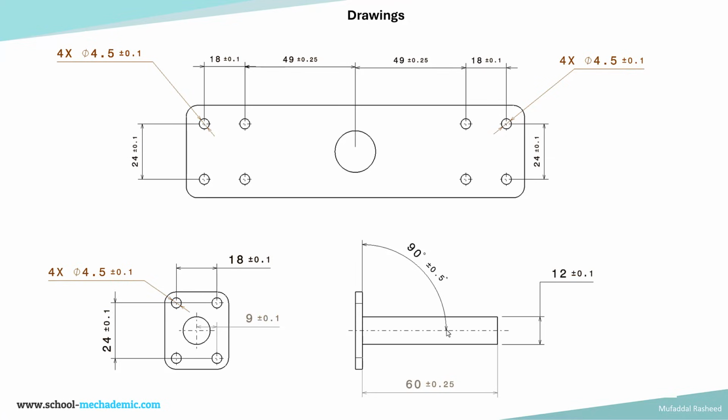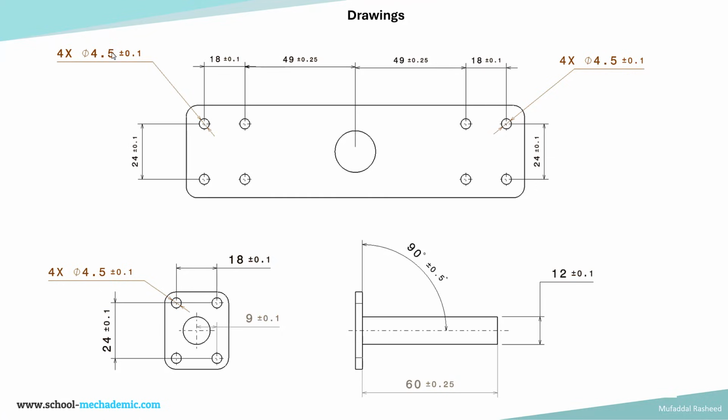So the post has a basic dimension angle of 90 degrees, and that angle can vary plus or minus 0.5 degrees. So it can tilt this way, it can tilt the other way also. And the size of the diameter of the post is 12 plus or minus 0.1, and the length specification of the post is 60 plus or minus 0.25.